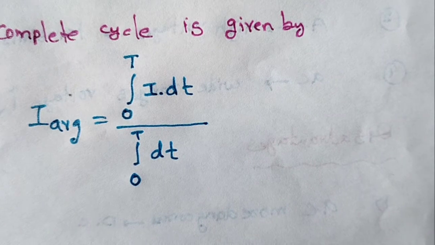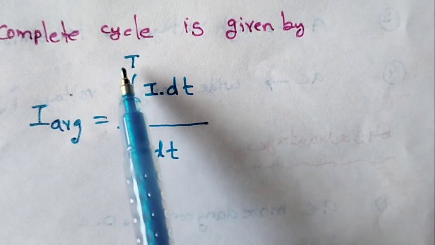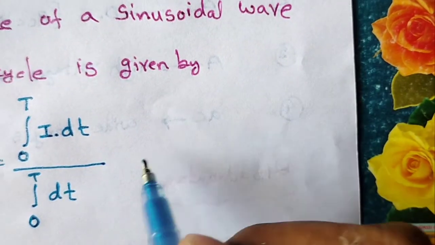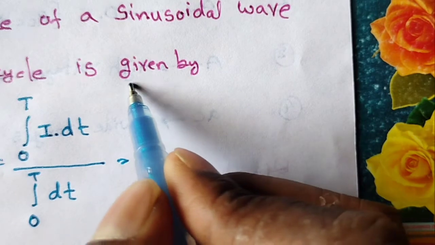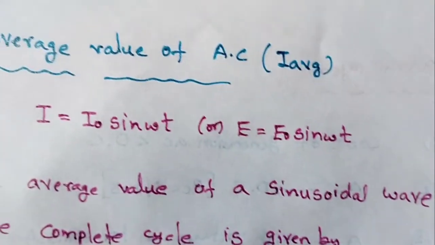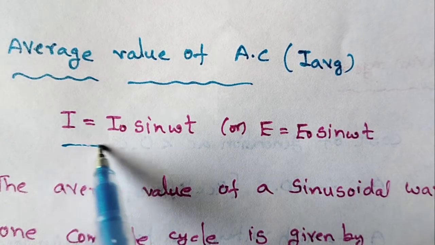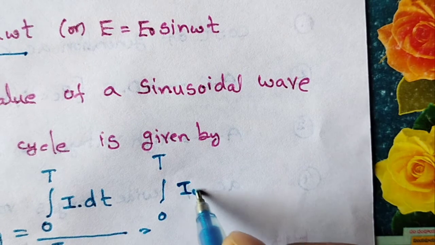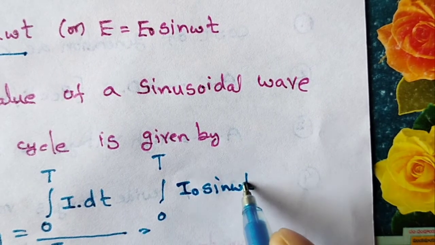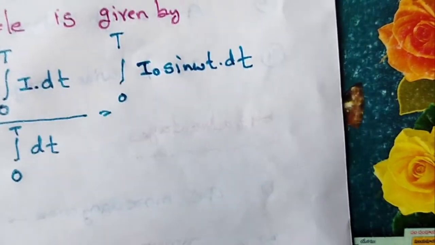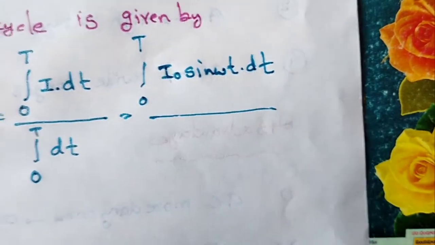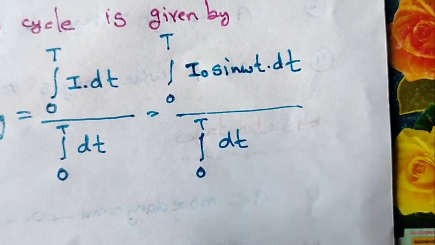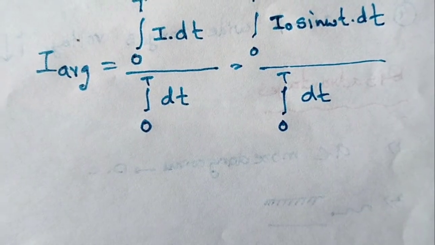Now I calculate the two integration parts: one is the integral from 0 to T of I dt, and the other is the integral from 0 to T of dt. We know the instantaneous value I is equal to I naught sin omega t. So I write the integral of I naught sin omega t dt, divided by the second one as it is, the integral from 0 to T of dt.